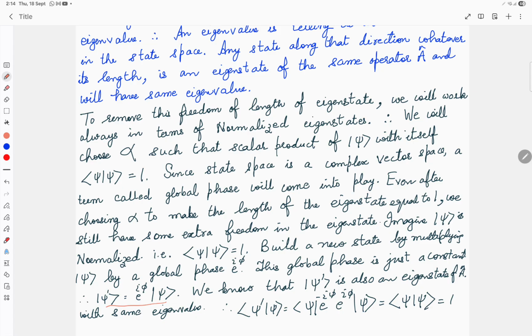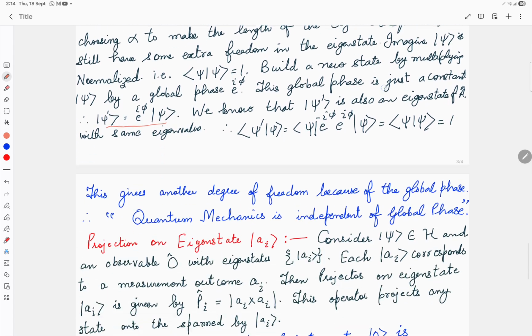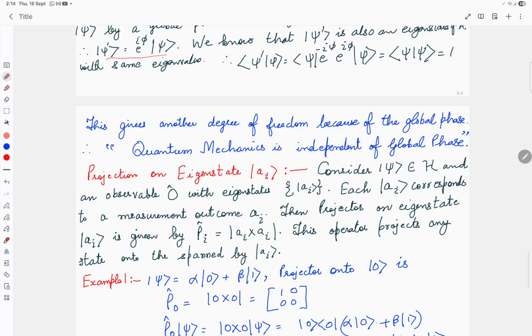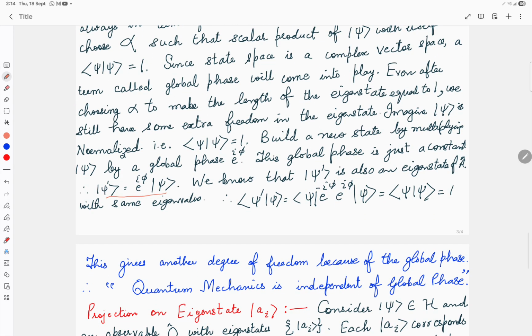The new state is also normalized. But there is a point to be considered here: the global phase will not have any effect in terms of quantum mechanics. Why? Because when we take the inner product, the global phase term just cancels out.